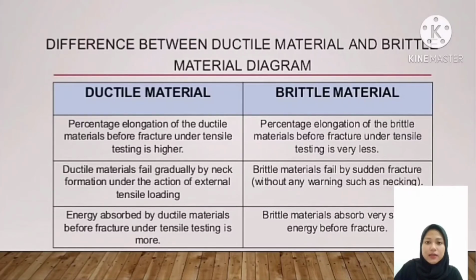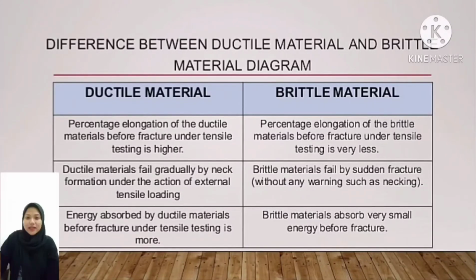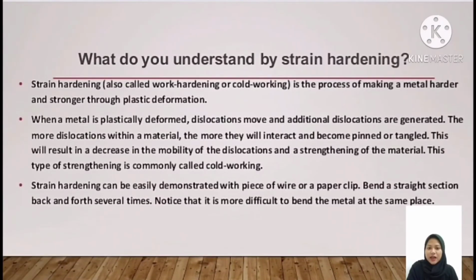Next, ductile materials fail gradually by neck formation under the action of external tensile loading. Brittle materials fail by sudden fracture without any warning, such as necking. And energy absorbed by ductile materials before fracture is more, while brittle materials absorb very small energy before fracture.